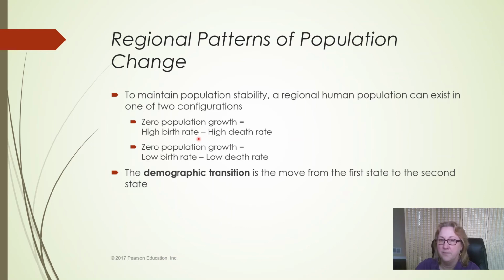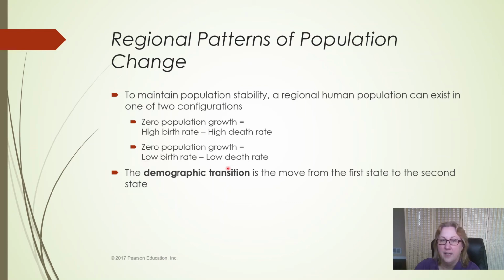High birth rate, high death rate. The average number of births per woman was 6 before the Industrial Revolution, but half of those kids wouldn't live to age 5 on average. And the population was very stable because of a high death rate.